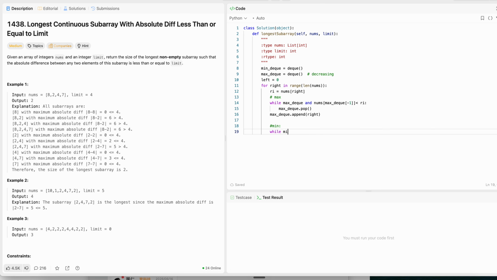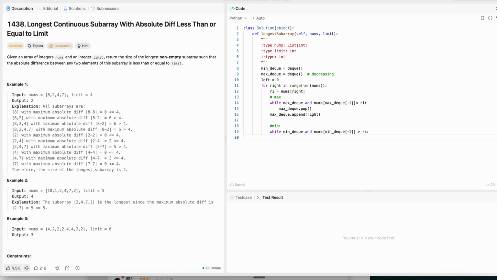So similarly, if the end of the deque's value is larger than the new right integer, that means it cannot keep increasing.